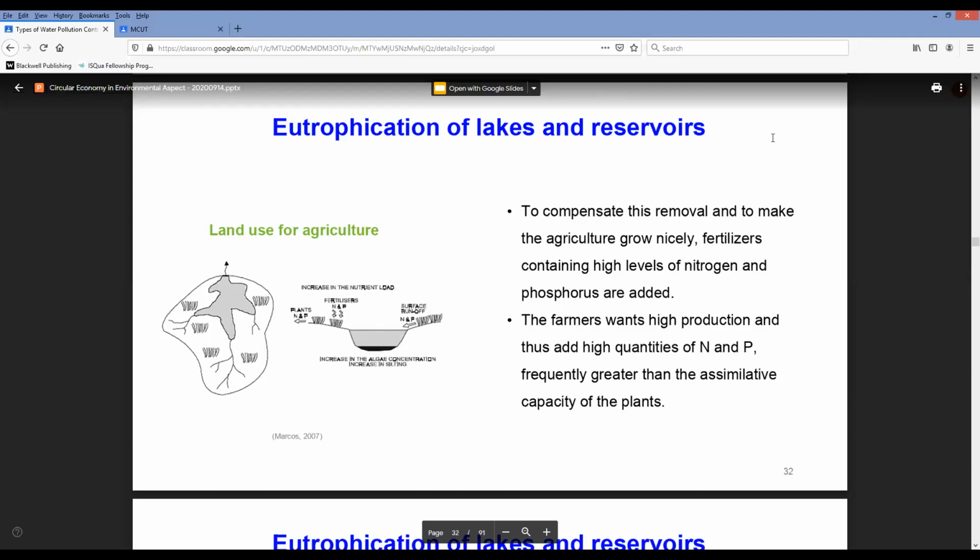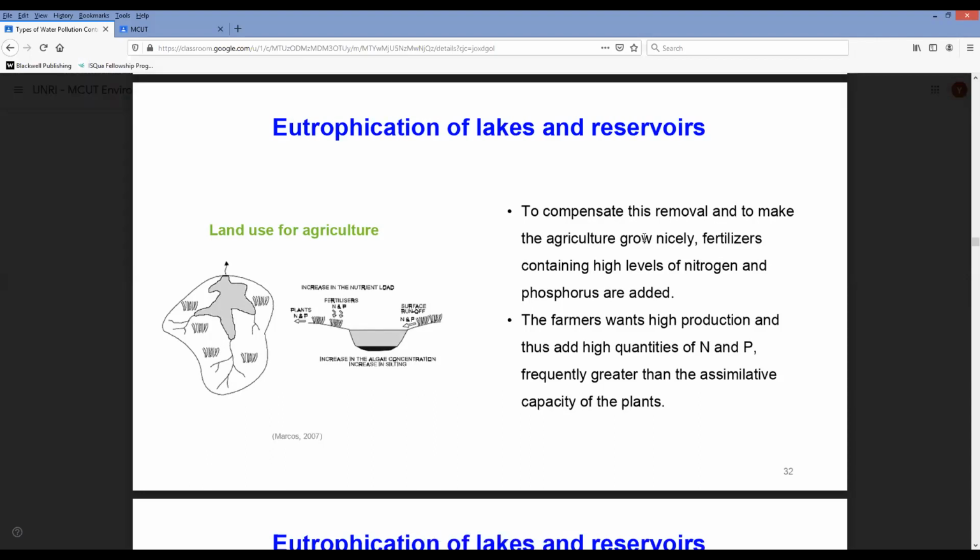The farmers, for high production, therefore add a high quantity of nitrogen and phosphate frequently, greater than the normal amount. So the high quantity of phosphate and nitrogen accumulating in the lake or reservoir will cause eutrophication quickly. Okay, next please.